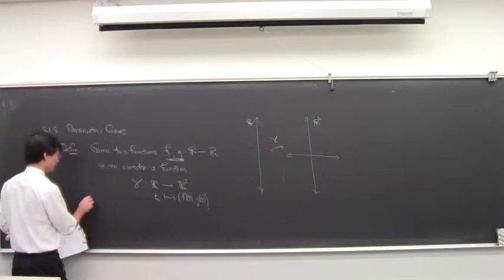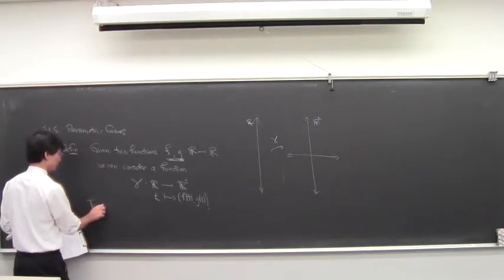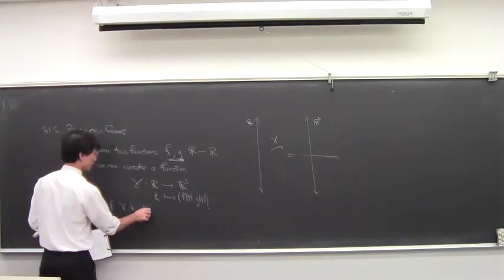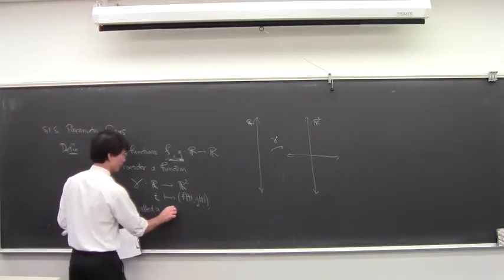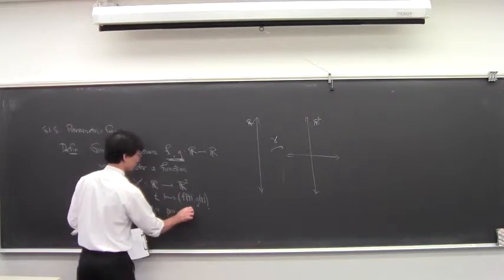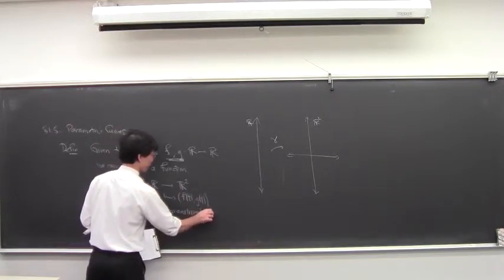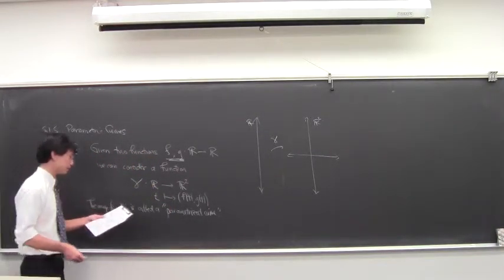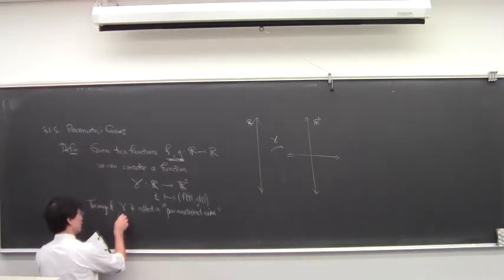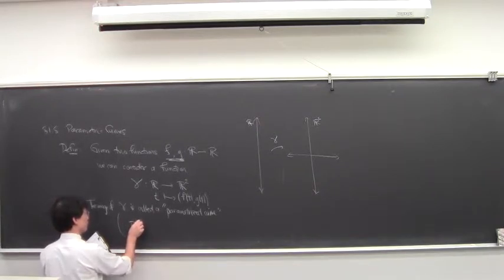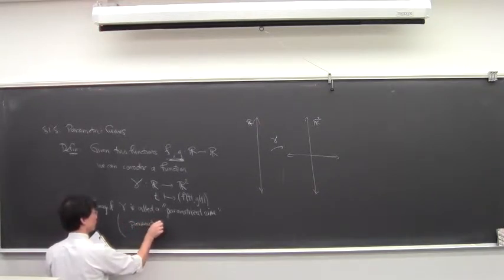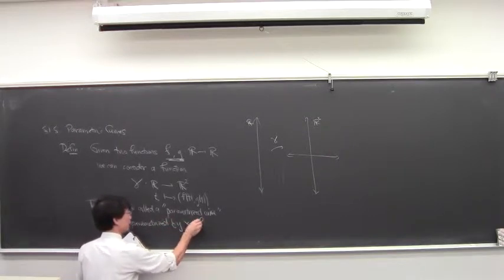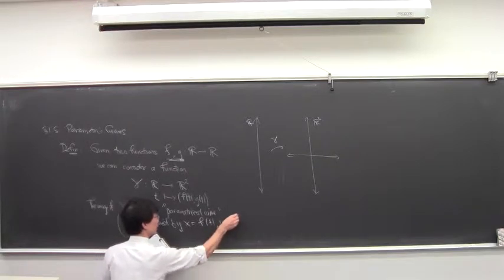Then we say the image of gamma is called a parametrized curve, or curve parametrized by x equals f of t, y equals g of t.